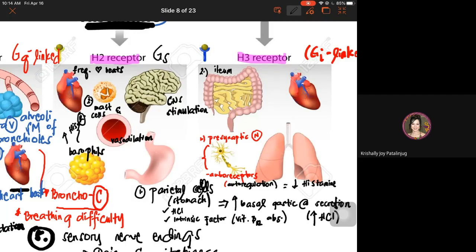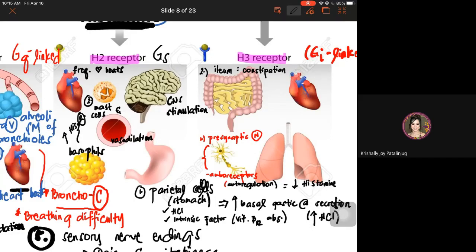So if there is decreased pressure and decreased contraction in the small intestine, that results in constipation. Again, because of the activation of the histamine 3 receptor in the ileum part of the small intestine, there is constipation ultimately.